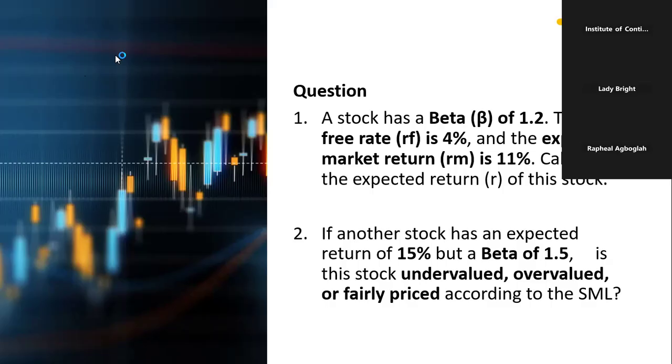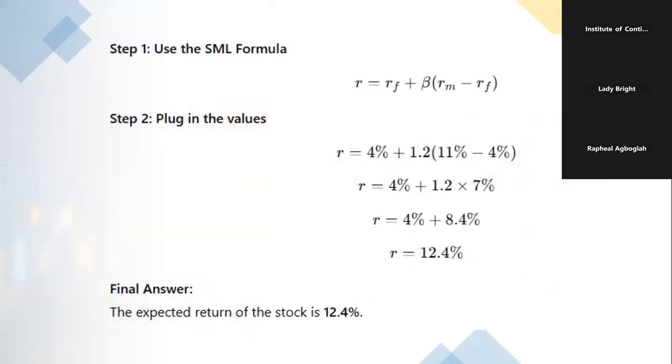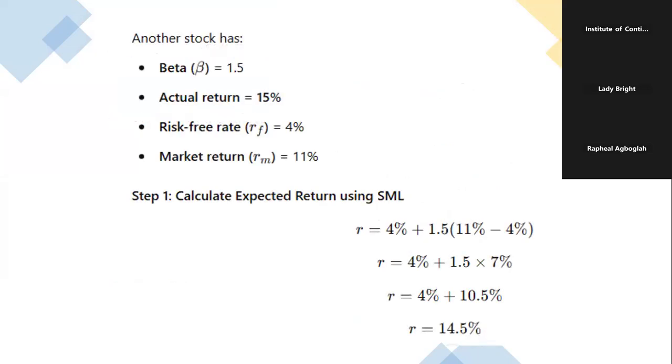Okay, let's go. We have quite a few answers coming in. I don't know whether people are confused or are tired, but let's shoot it and see. So our second question has an expected return of 14.5.